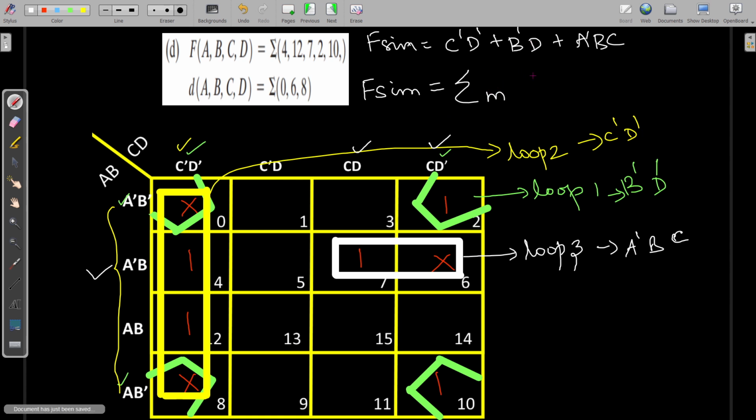This is the required answer. We have to go for this. So it covers the 0, then 2, then 4, 6, 7, then 8 and 10. Then we have this 12. Okay, so this is the answer.